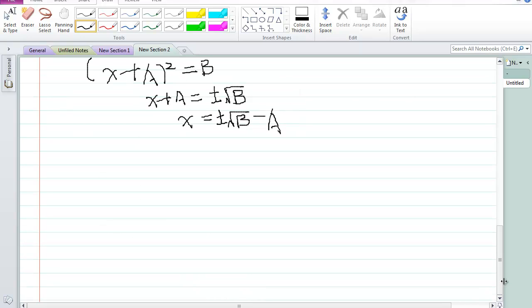So, to complete the square of a quadratic, there are some rules here.